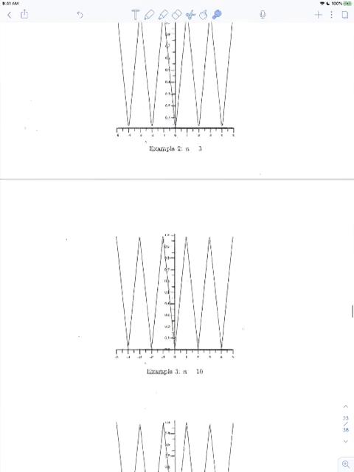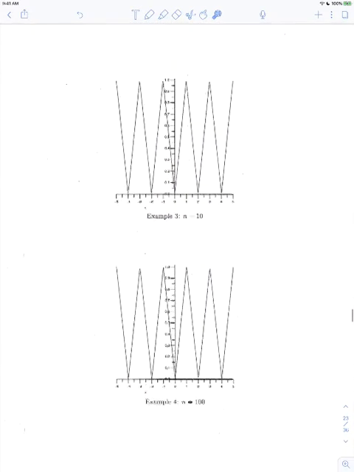Now by the time you get to n equals 10, it's really difficult to distinguish this portion. So again, we're just looking from -1 to 1. This portion looks very much like the V of the absolute value of x, and when you have n equals 100, it's very difficult to distinguish that from the absolute value of x.